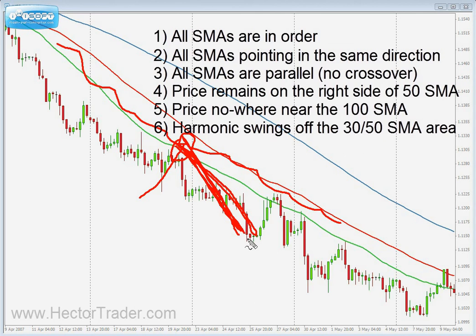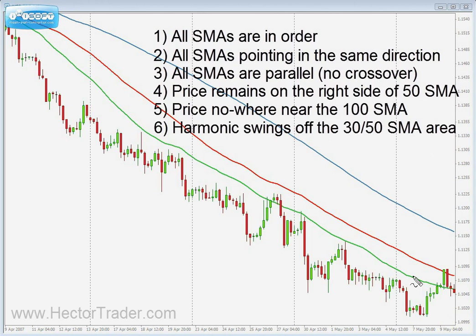Then sure, we may have another pullback, but I like to see once again the 30 and the 50 simple moving average, or rather the area in between, the dynamic area of resistance, hold the price below, to indeed work as resistance, and from there price takes yet another swing in the direction of the trend. Then another pullback, price reaches the dynamic area of resistance, and bang, another swing in the direction of the trend. And so on and so forth.